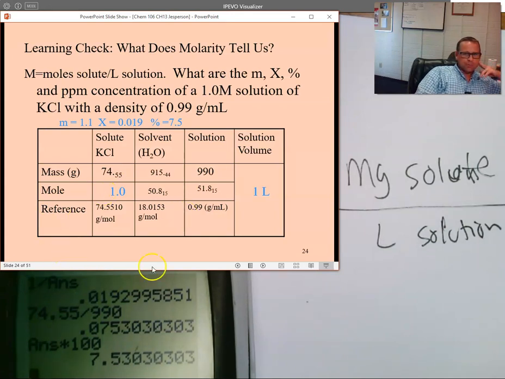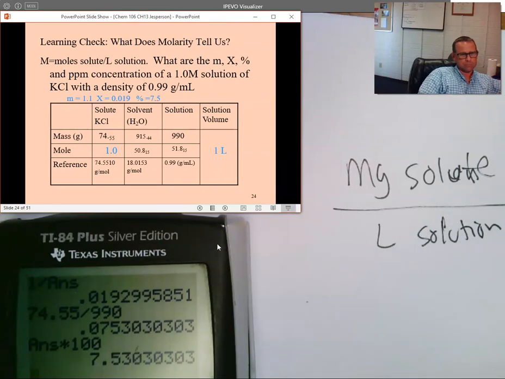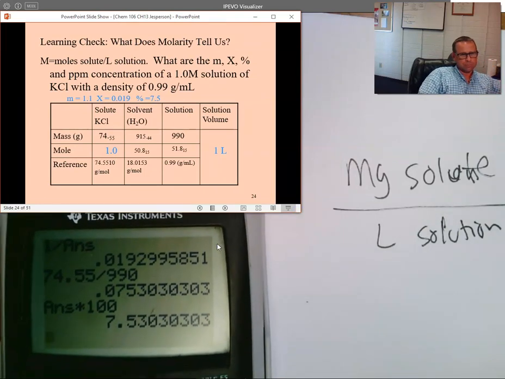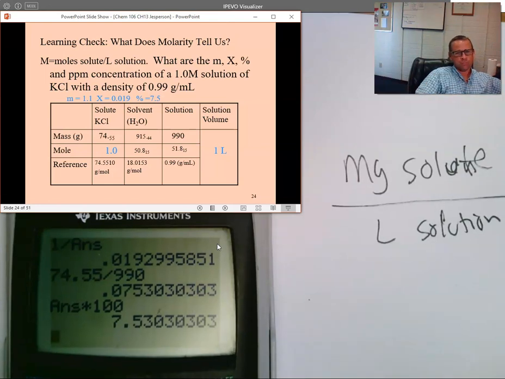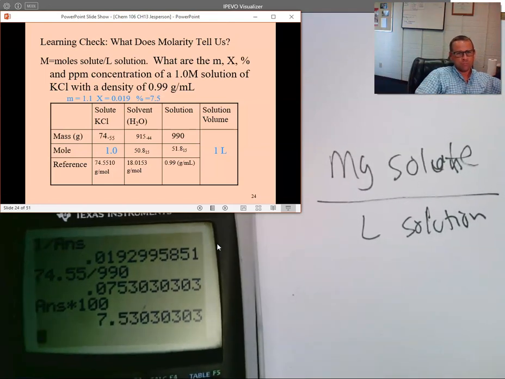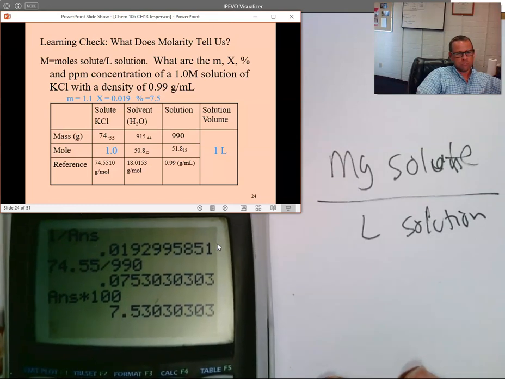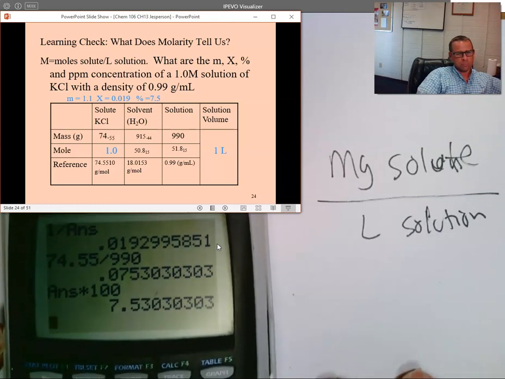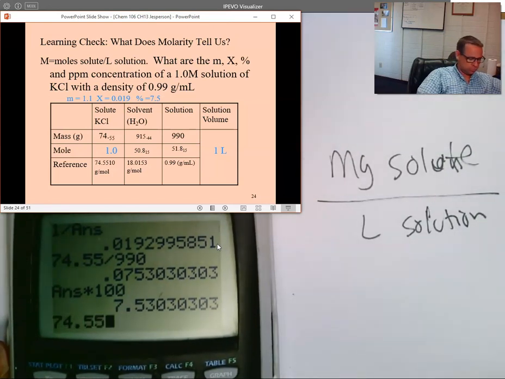Okay, so just with the one for our solute, that is the number of moles we have. But as far as grams, we have 74.55 grams. So we need to convert that to milligrams.